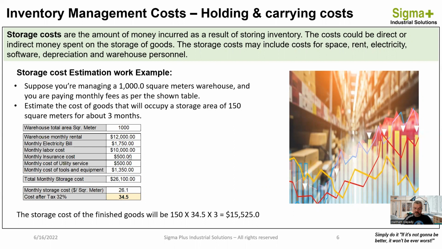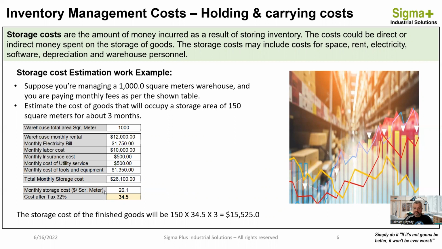The monthly labor cost is $10,000. The monthly insurance cost is $500. The monthly cost of utilities service is $500. The monthly cost of the tools and equipment is $1,350. Okay, so the total monthly storage cost is $26,100.